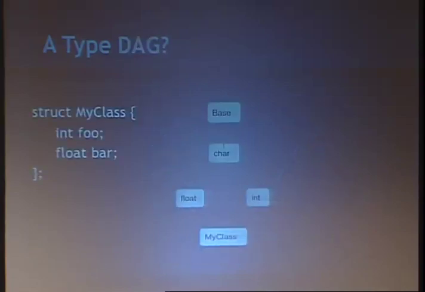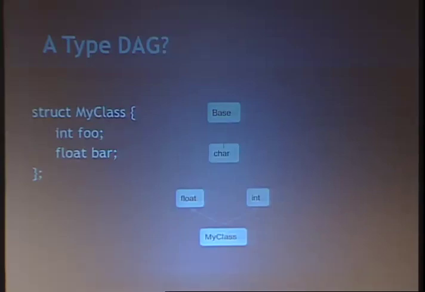So the tree system we have right now isn't completely sufficient for all the things we want to do. There are times when a particular memory reference might have multiple types involved with it. For example, if you have a struct, and this struct has an int and a float, if you have a store of this struct, that store could be overriding memory which has an int, or it could be overriding memory which has a float in the float part.